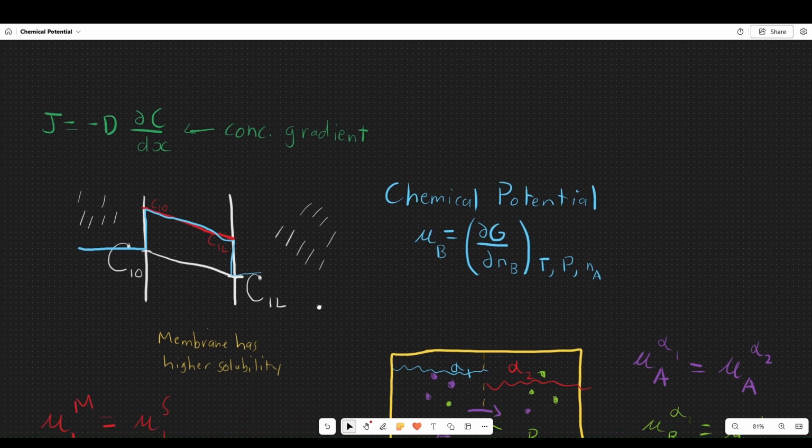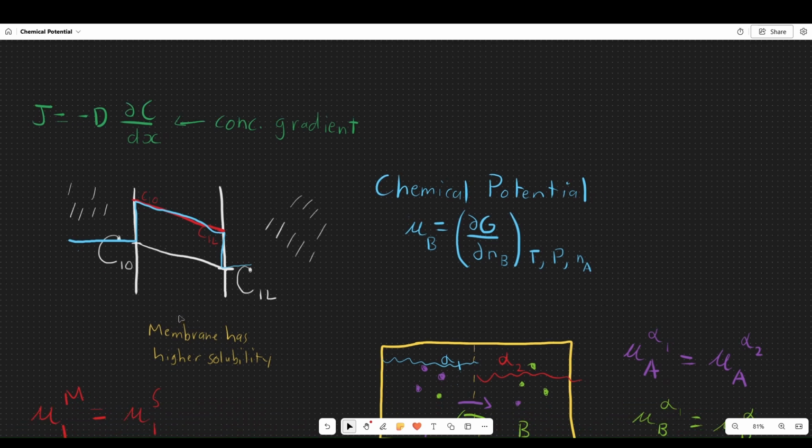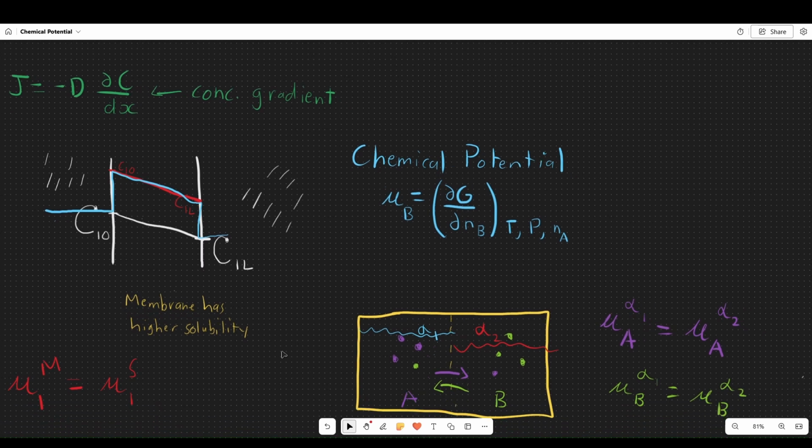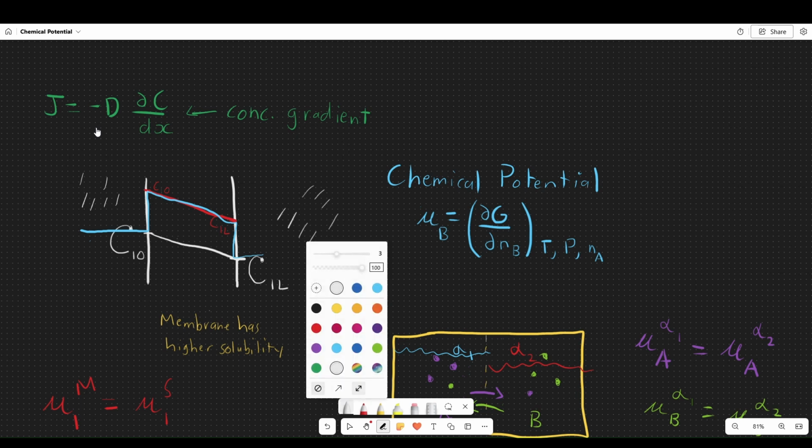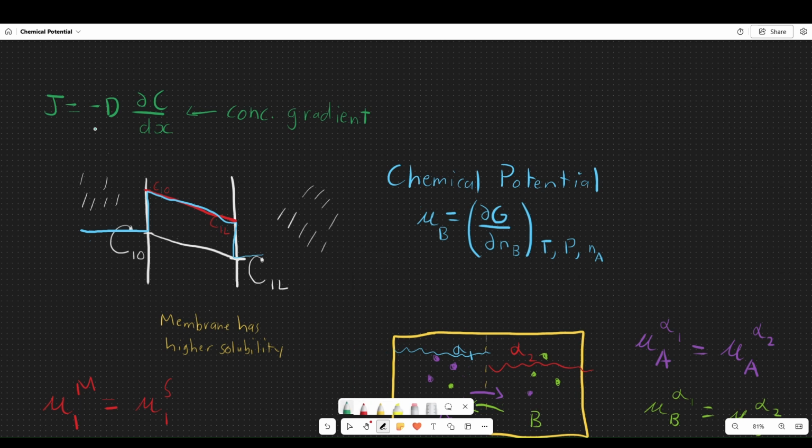But for most systems, when we're modeling them as ideal, concentration gradient serves as a perfectly fine proxy for why we might say that diffusion depends on concentration gradient. The more important thing is that we can also measure the concentration. So it's easier to measure, and so we can quantify it and really substitute it in. And so Fick's law is not wrong. It just uses concentration gradients as a proxy.